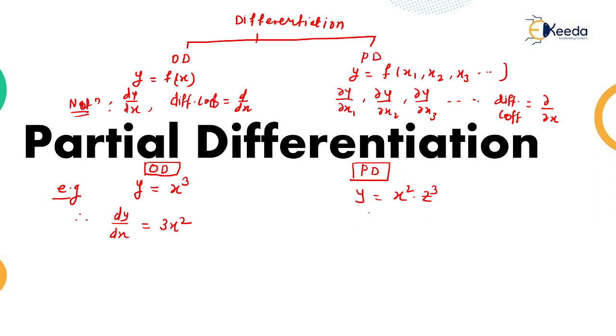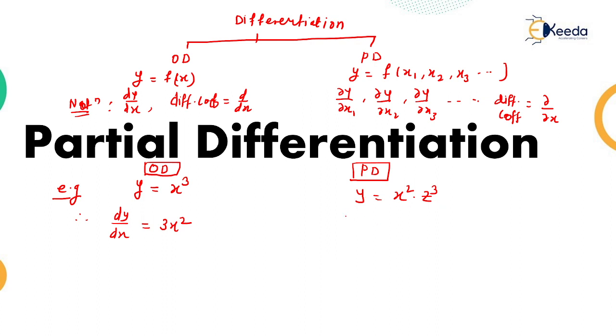It is a simple one, you have to understand this very well. Now observe y is equal to x square into z cube. It means y contains two independent variables, so we have to take the differentiation of y with respect to x, and also the differentiation of y with respect to z. That is partial differentiation, so here we have to differentiate y two ways: first dabba y by dabba x, and second dabba y divided by dabba z.